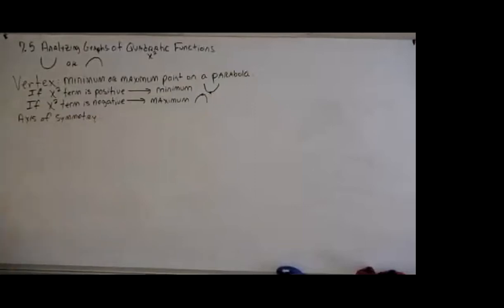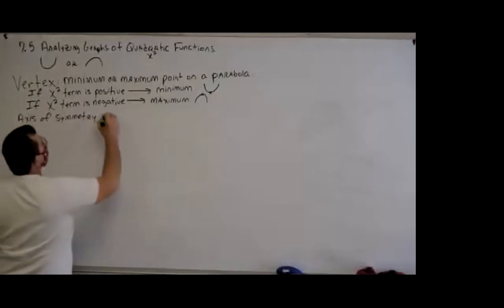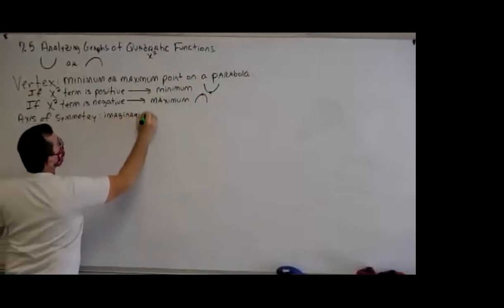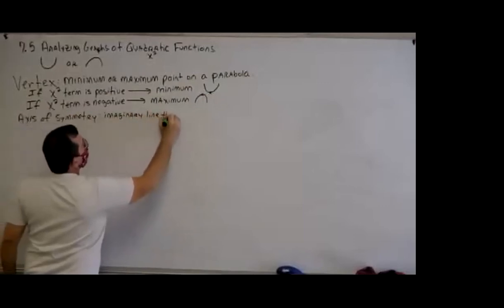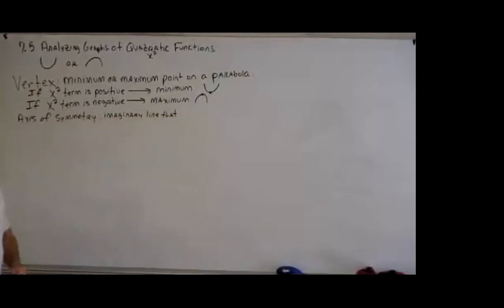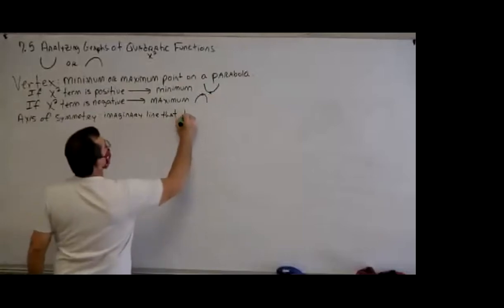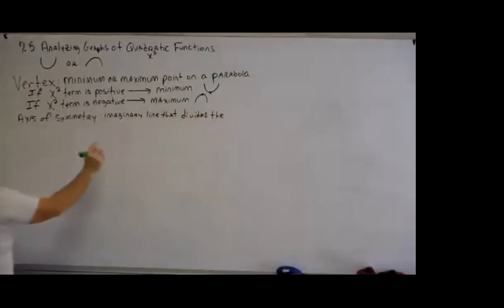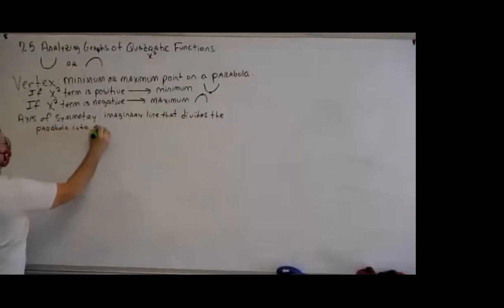The axis of symmetry is like an imaginary line that basically divides the parabola into equal halves.